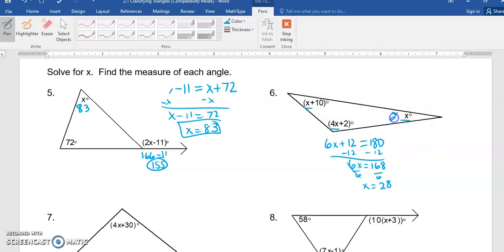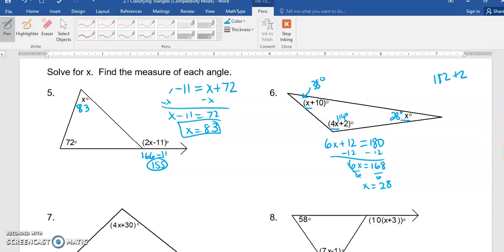So this angle is 28 degrees. This one is 28 plus 10, so 38 degrees. 4 times 28 is 112, plus 2 is 114. And double check and make sure that all adds up to 180.